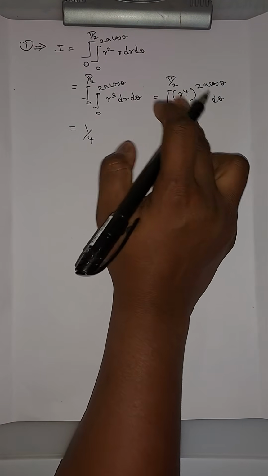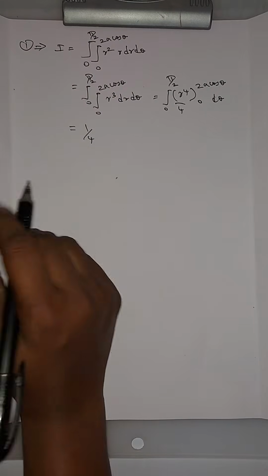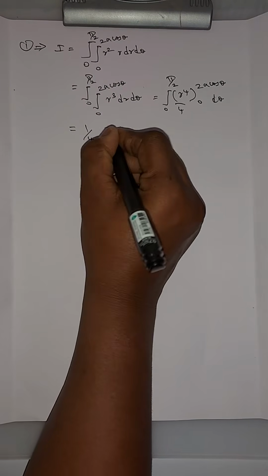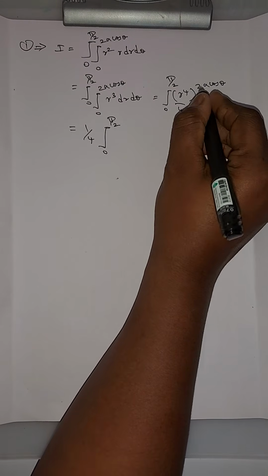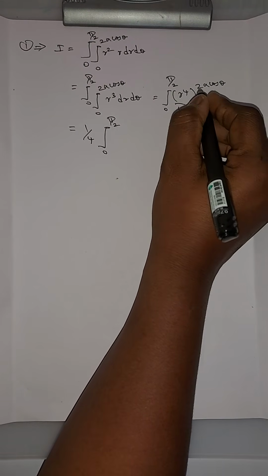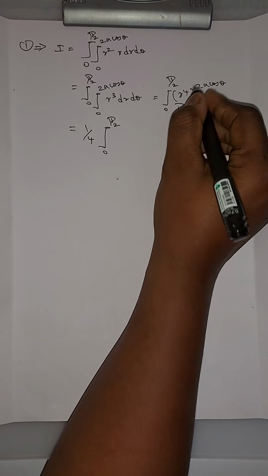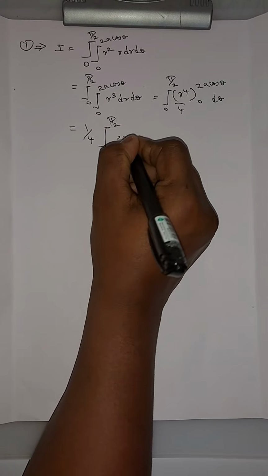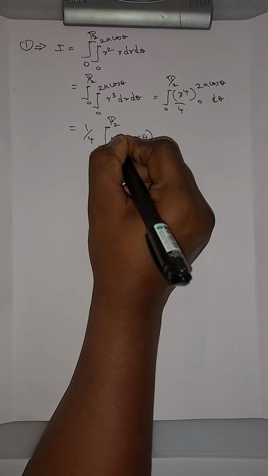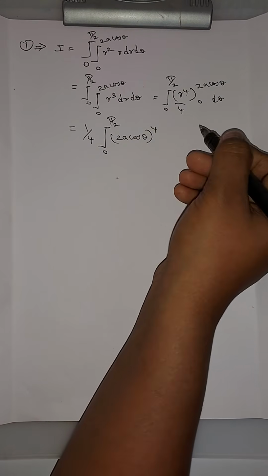Which is equal to 1 by 4. I have taken this constant 1 by 4 outside the integral. 1 by 4, integral 0 to pi by 2. R takes the value 2a cos theta. The upper limit is 2a cos theta and we substitute this for r. So 2a cos theta whole power 4 minus 0.